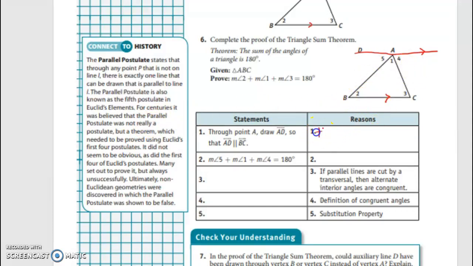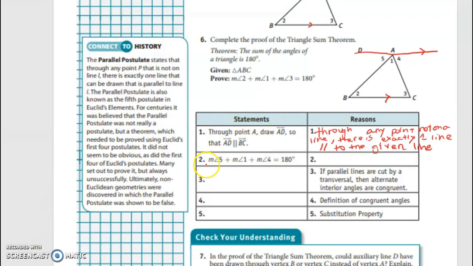So our reason for doing that is through any point not on a line, there's exactly one line parallel to the given line. So that's saying through point A, there's only one line we can draw that would be parallel to BC, and that is our line D.